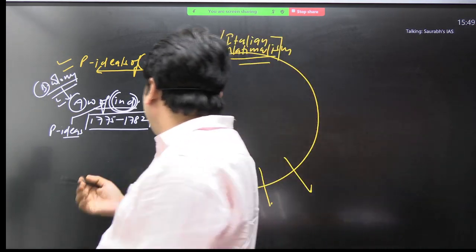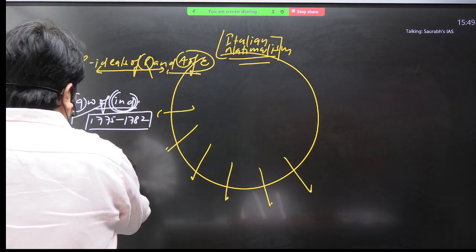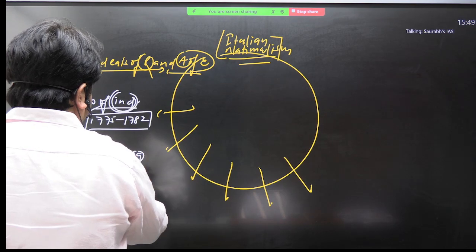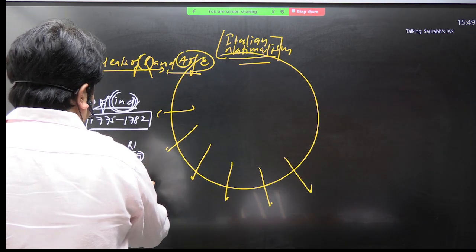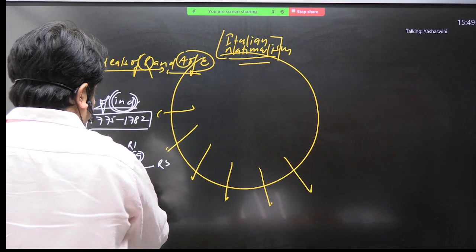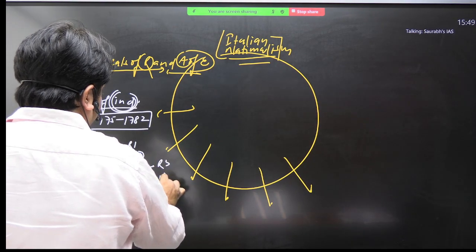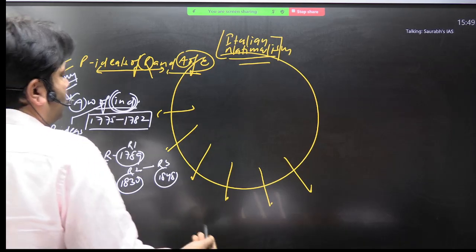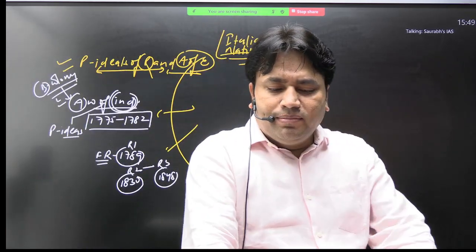The third important point is the French Revolution, 1789. Only 1789, or all these three? Exactly, all these three will contribute to the growth of nationalism in the minds of people of Italy.